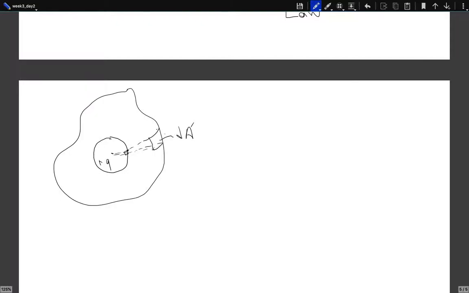But similarly, the area over here will be 4 times smaller. So the contribution from this area and from this area will be the same. So for every area outside, I can match it to an area on this sphere, as long as there are no charges inside. So this is another proof.